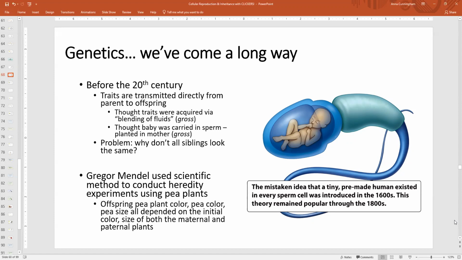The second one, which I think is hysterical and is so characteristic of the time, is that it was believed, as shown in this picture on the slide, that every little sperm had a tiny baby in it, and that when the sperm entered the mother, that baby was planted in the mother, and that's where it grew. So obviously this is way off, because babies have characteristics that are inherited from the mother. It's not just the father.